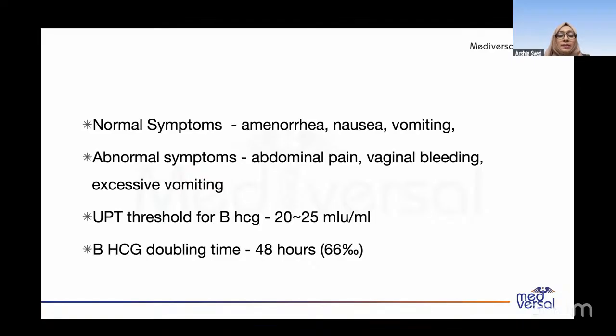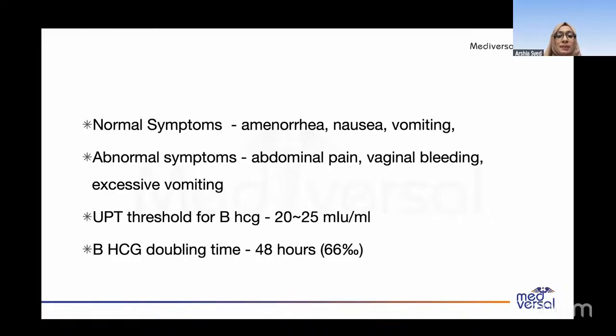These are conditions where the beta HCG might be on the lower side, so it may come as faintly positive, but for it to definitely come positive, it has to be more than 25 milli international units per ml.